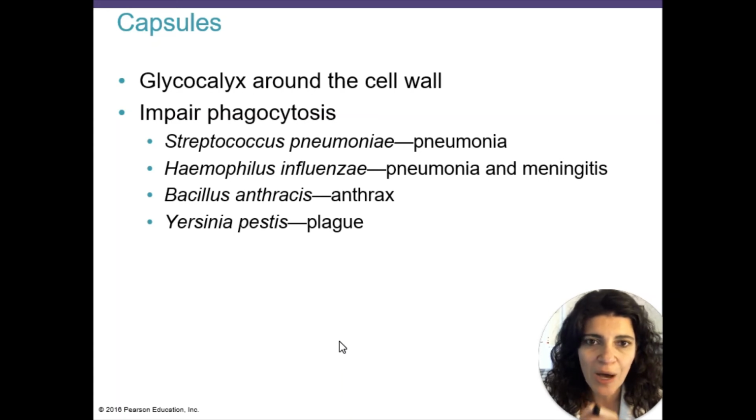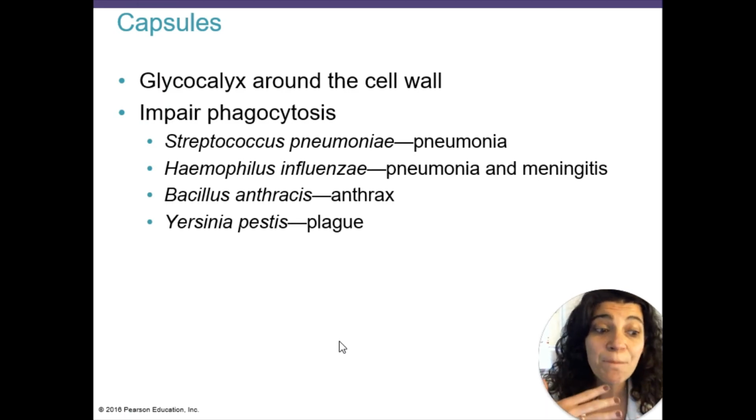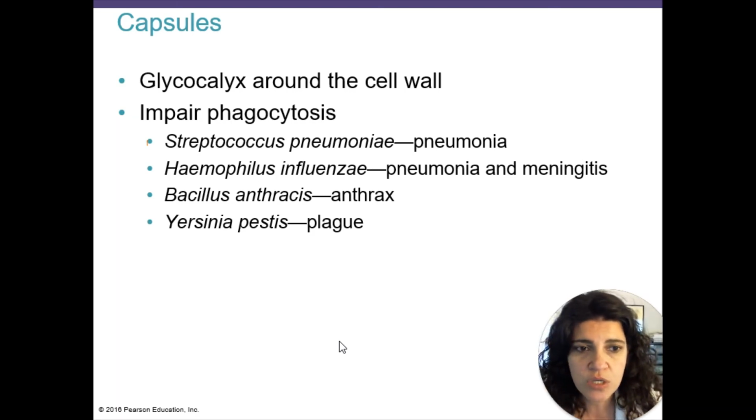But here we're talking about the opposite of adhesion, because when microbes have a capsule, they can have other adhesins to attach to the cell, but the capsule works like wet soap, meaning phagocytes are going to try to catch the bacterium, but because the bacterium has a capsule, they evade the immune system. They impair phagocytosis. Examples: Streptococcus pneumoniae.